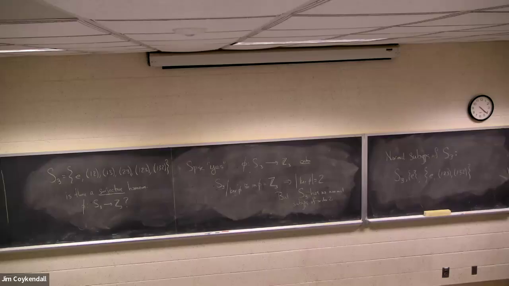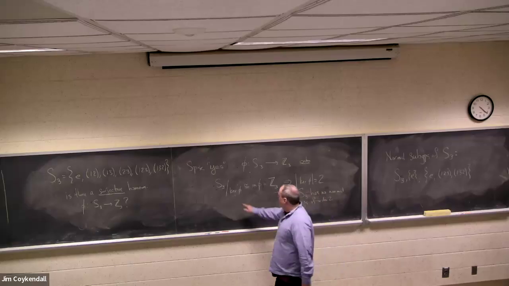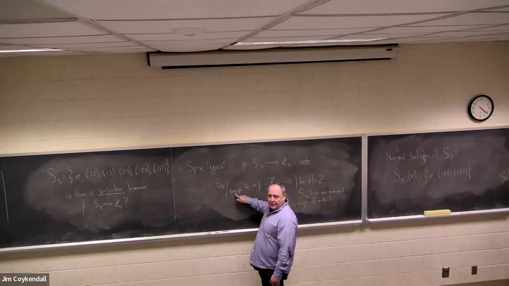So that means, if you use this idea again, that if you have a surjective homomorphism from S3 onto another group, that group has to have order 6, 1, or 2. I agree, because the kernel can only be one of those normal subgroups.